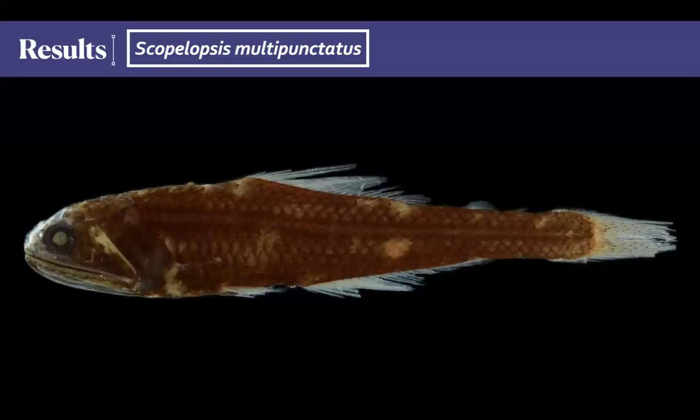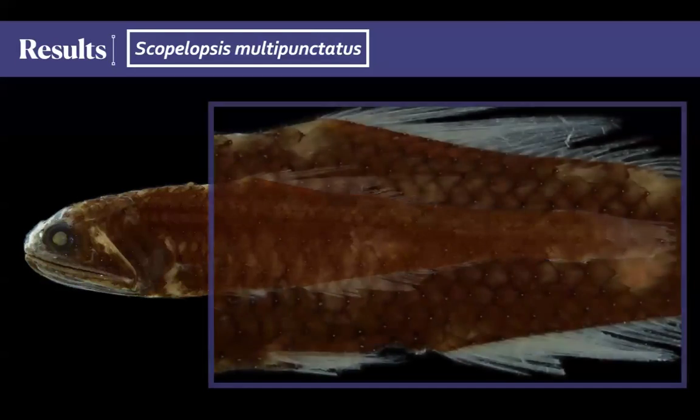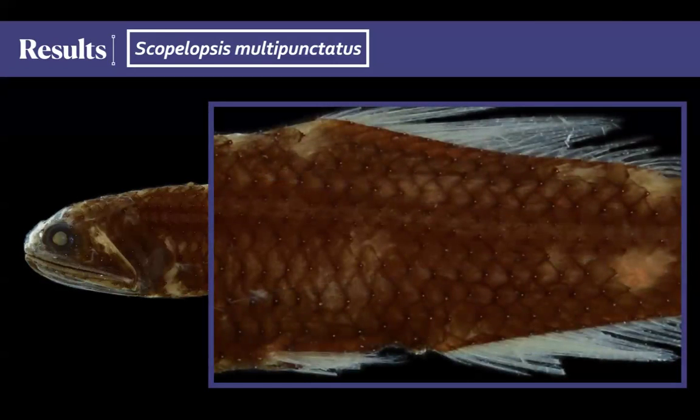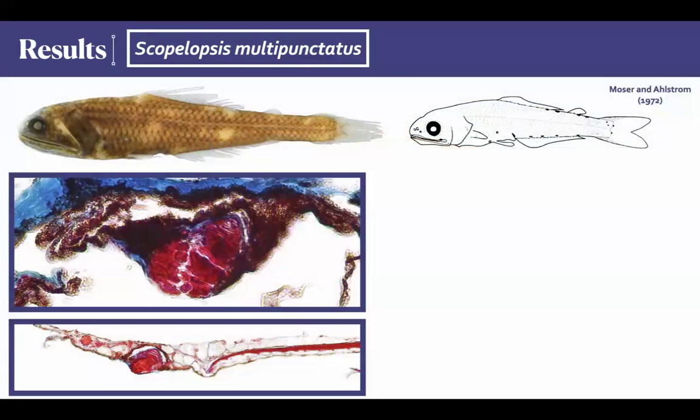Scopelopsis is the only lanternfish that actually has a photophore on every single scale pocket on its body. It doesn't really have those large, big photophores. People that have looked at this fish through ontogeny have seen that when it's a larva, it starts to create what you would expect to be the regular complement of photophores.